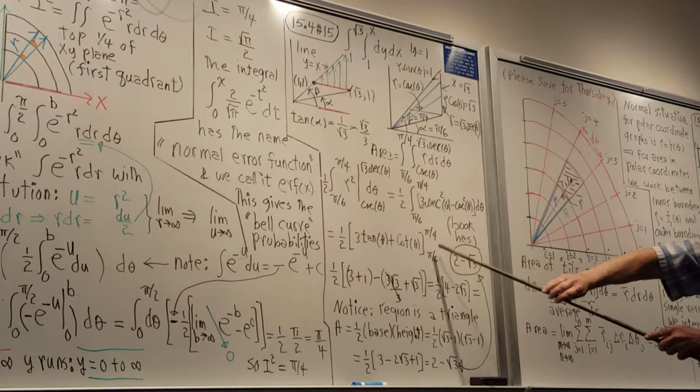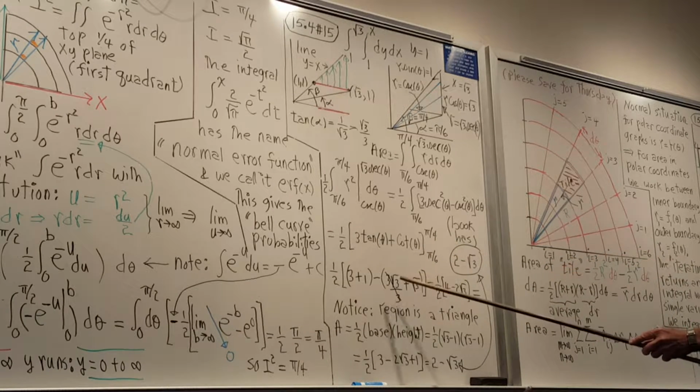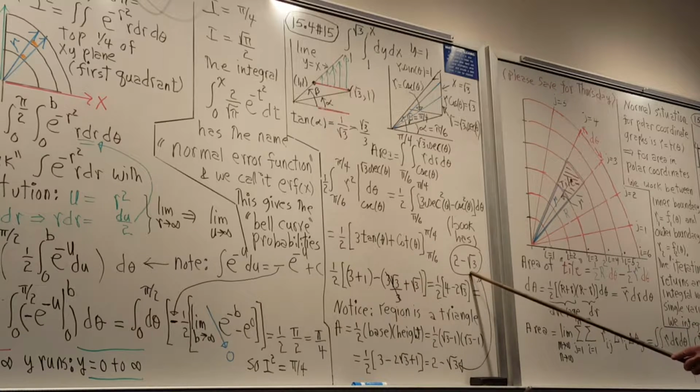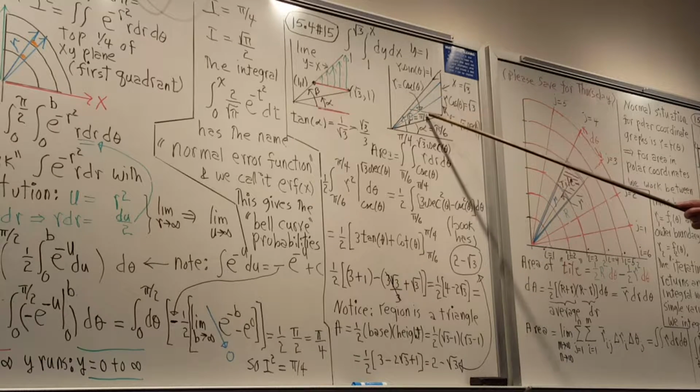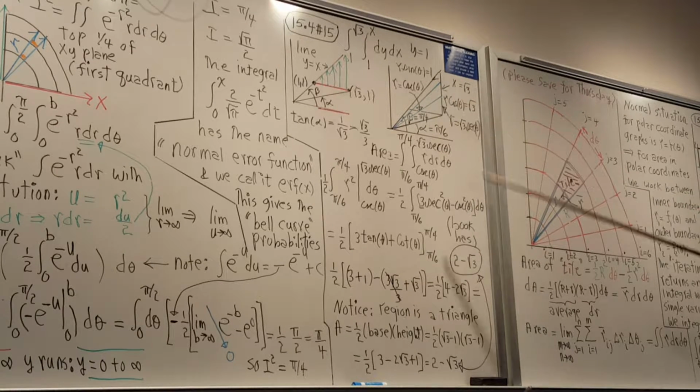And then you put in your limits and work that through, and you get the same thing as if you simply did a half base times height for the area of the triangle. So you see, these things can be more tricky if you're forced into boundaries that are lines which don't naturally curve like polar coordinates, but you can do it.